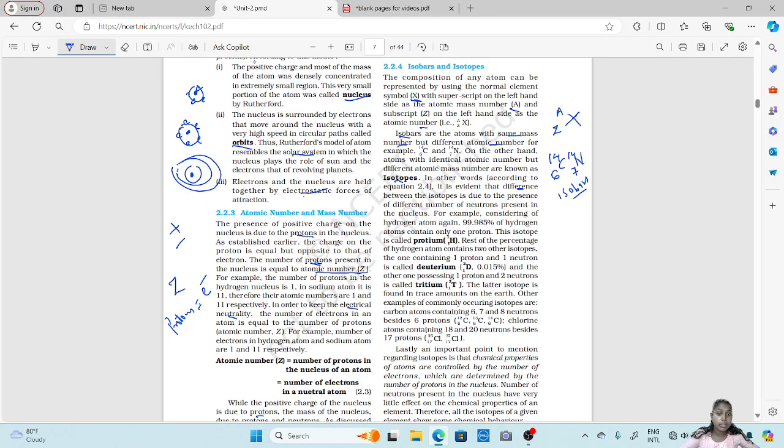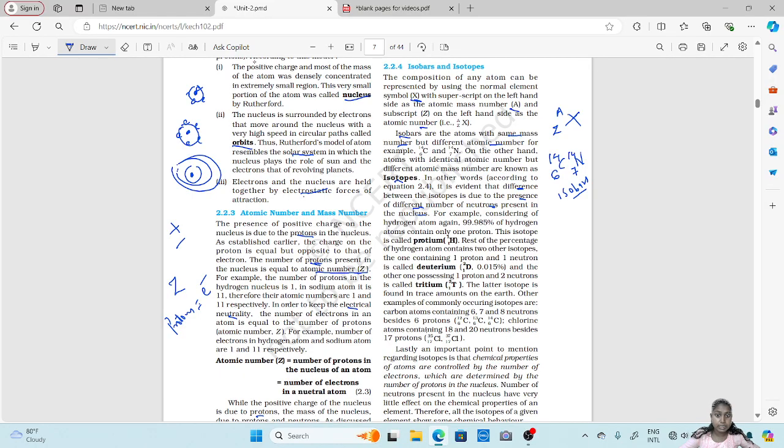The difference between the isotopes is due to the presence of a different number of neutrons in the nucleus. That's why you have the same atomic number but different mass number.